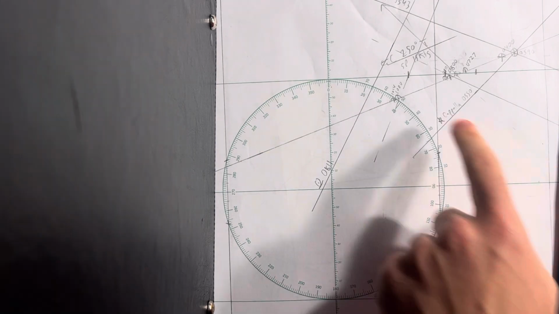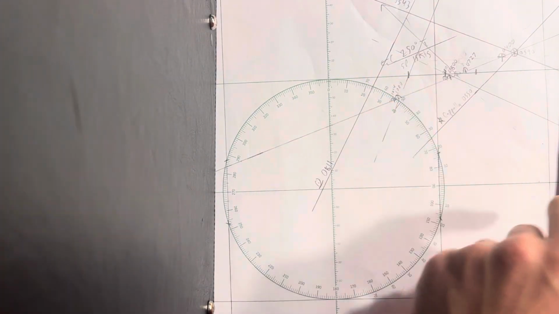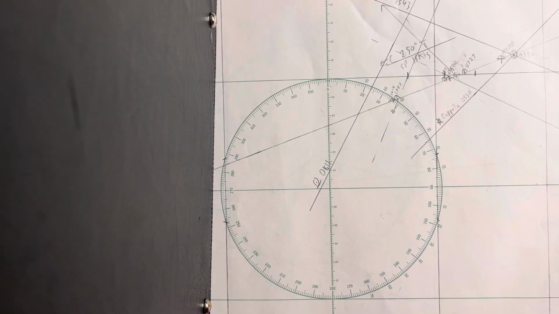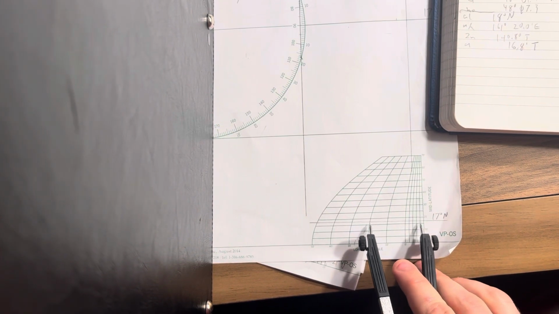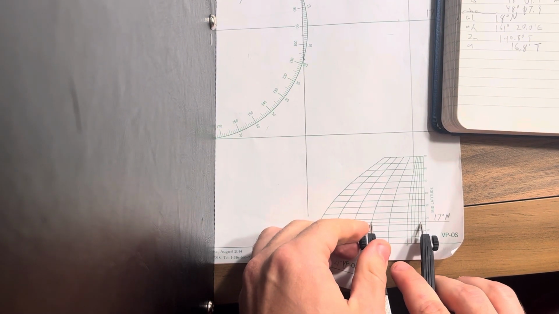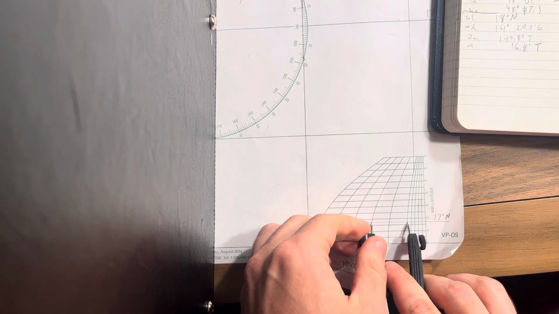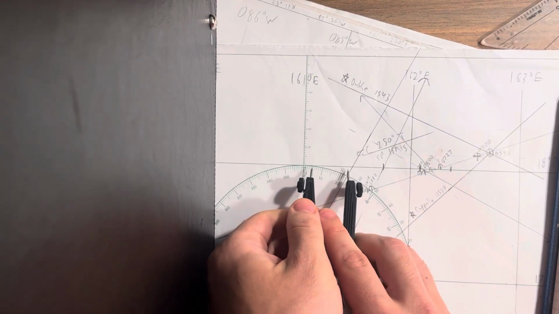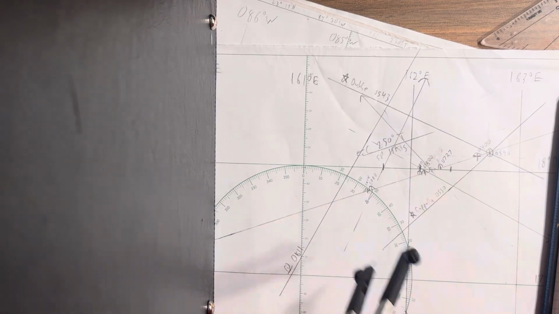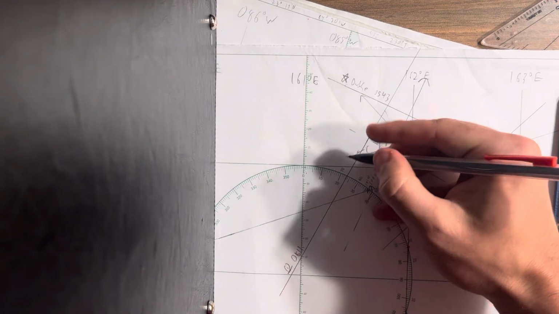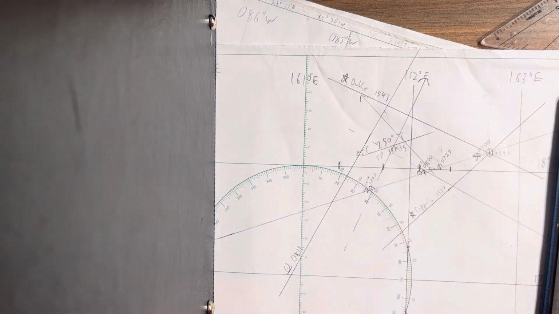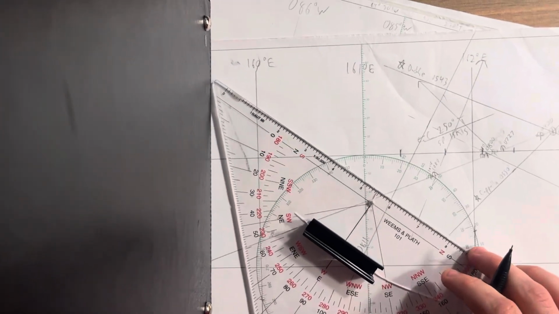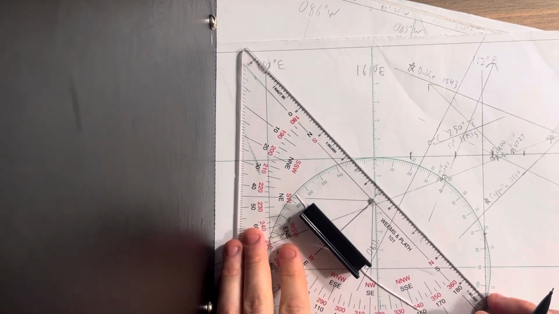We're going to start. Assume latitude 18 degrees. Assume longitude 161 degrees, 20 minutes. So we measure out 20 minutes. Right there. Good. And now we're going to do a ZN of 140, or 141 essentially.